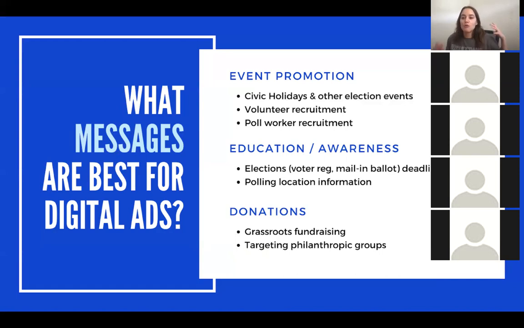You can have a more urgent call to action because there's a date that they must register by. One way that we have seen a lot of campuses use digital advertising is for civic holidays and other election related events. You can also use digital ads to recruit volunteers for your upcoming events throughout election season and to recruit poll workers on your campus.